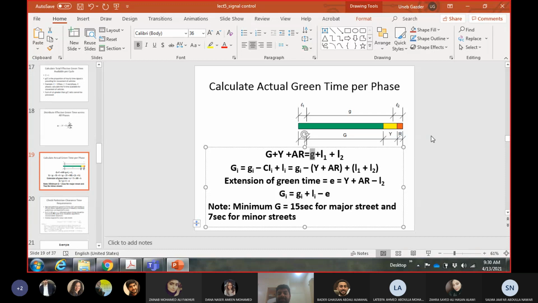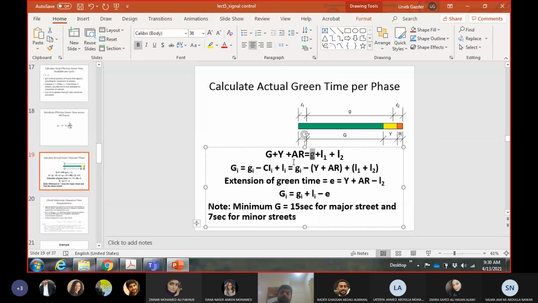So they reach the intersection and the signal is still yellow, but they stop. So the clearance loss time includes the all red time and the last second or a fraction of a second of the yellow interval. Okay, so this is L2.